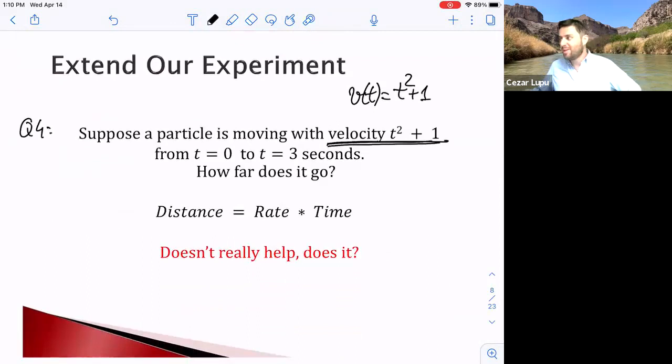That's why here we're going to need to do something else. The situation will get a little bit more complicated, and that's why we need integration. Anyway, we'll go there. So let's break this into pieces, because you see the time there goes from 0 to 3.